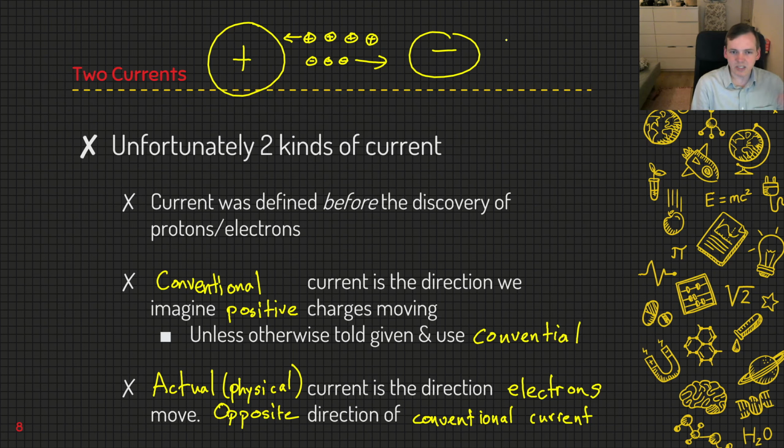So technically the physical stuff that moves is negative charge. But all the math works just the same if we think about it as positive charge. I know it's a little confusing, but it's something we accept and work with because of the historical development, unfortunately.